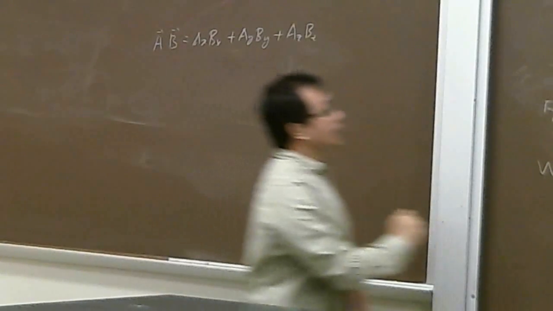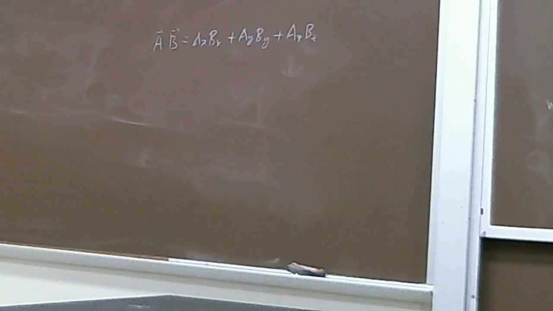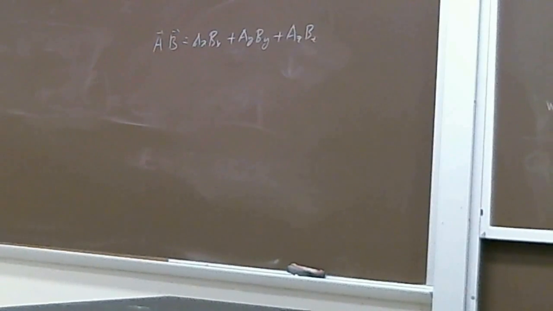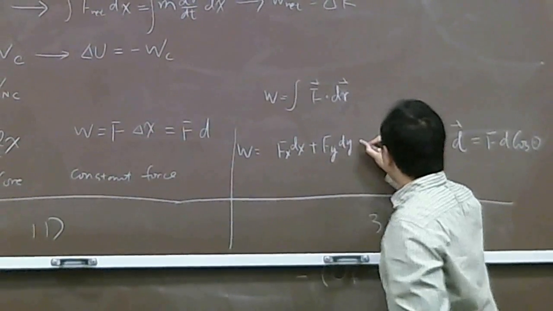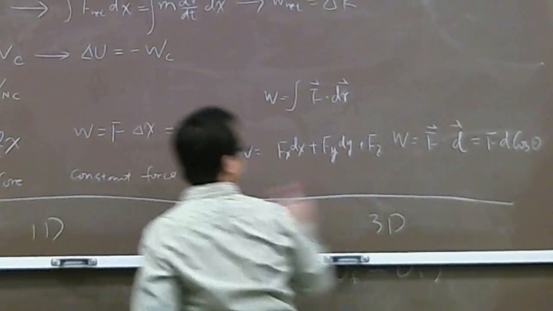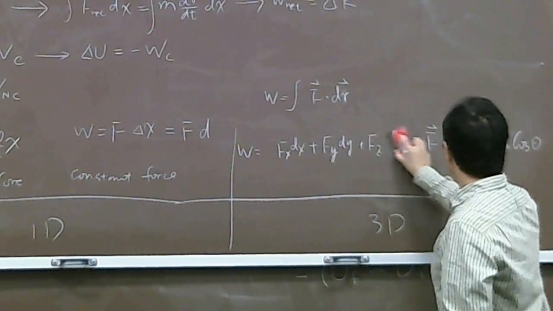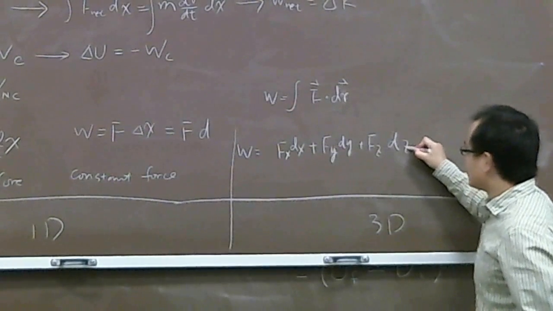So here, similarly, you can write this as Fx multiplied by dx plus Fy multiplied by dy plus Fz multiplied by dz.